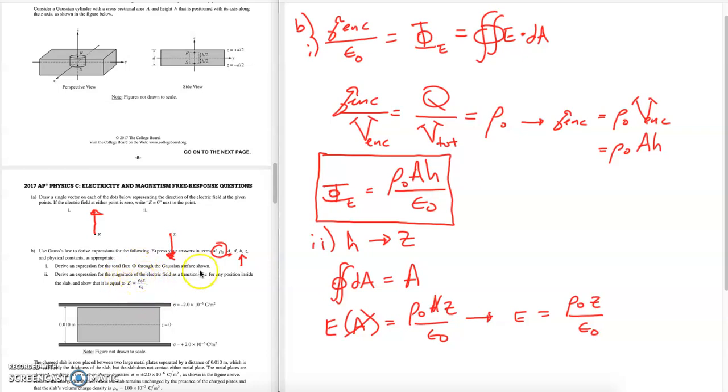Notice how they told us the answer, and we just had to show them how we got it. So we had to show first that we're going to turn h that was given into a variable z, and we're also going to use the right side of Gauss's law up here. Flux is equal to electric field times dA, and we're going to say the area is just A, and that will cancel out the area.